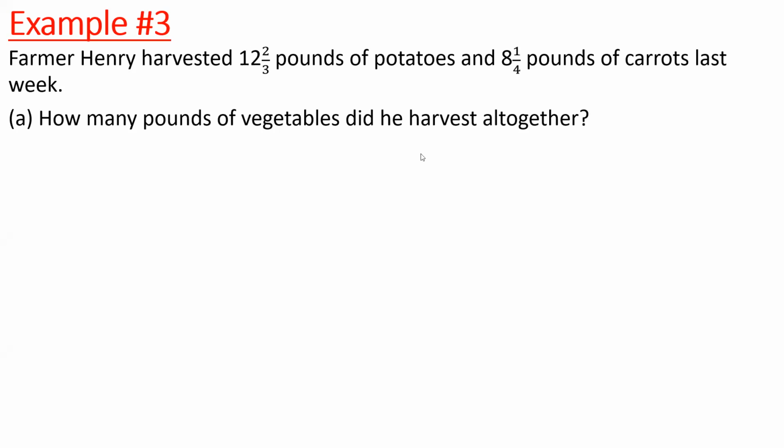We place down the 12 and 2/3 and times it by 8 and 1/4. You sure you want to multiply? Does it say altogether? Oh, so we add. We add, very good.